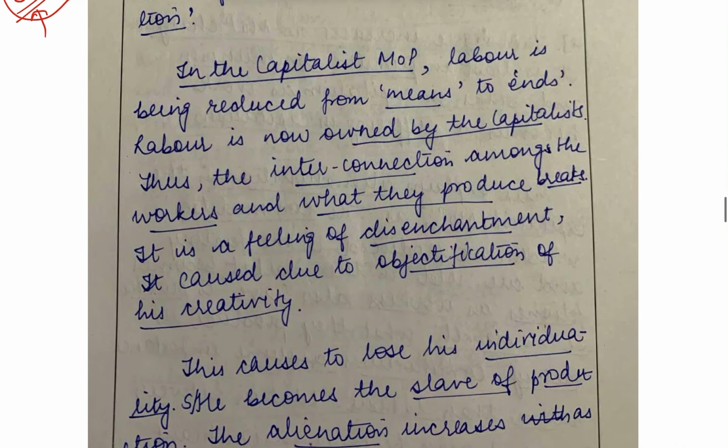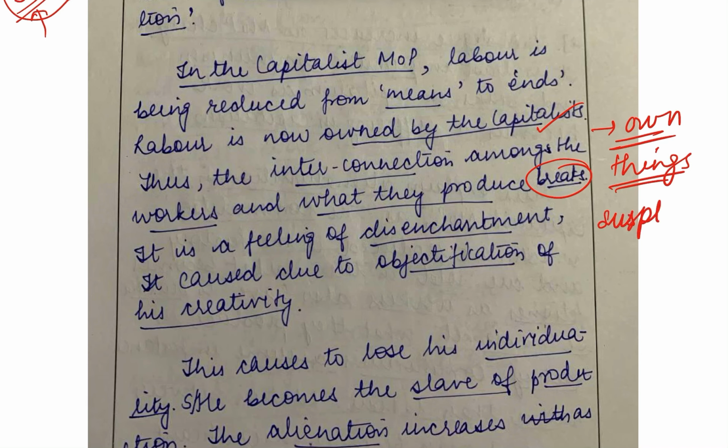So in capitalist mode of production, labor is being reduced from means to ends. Labor is now owned by the capitalist. Thus, the interconnection among the workers and what they produce breaks because they no longer own the things that they produce. पहले क्या होता था कि surplus नहीं था.